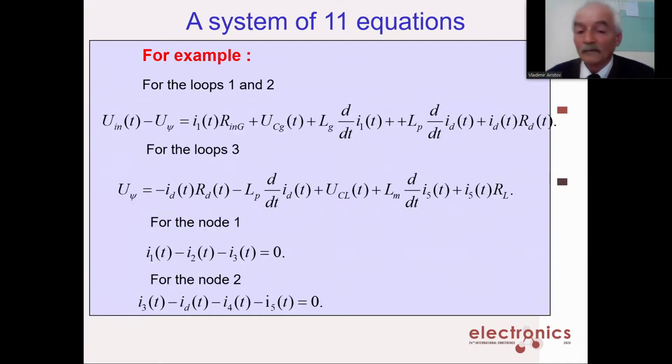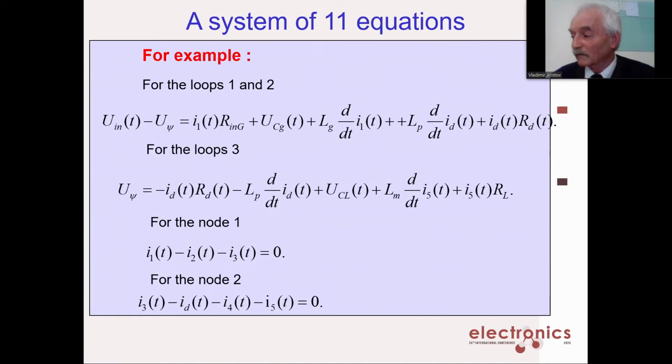Kirchhoff's first law: according to this law, we have written 2 equations, for nodes 1 and 2. Kirchhoff's second law: according to this law, we have written 4 equations, for loops 1, 2, 3, 4. We already have 6 equations. The missing equations we have taken as the relationship between the currents and voltages at capacitors and inductors.